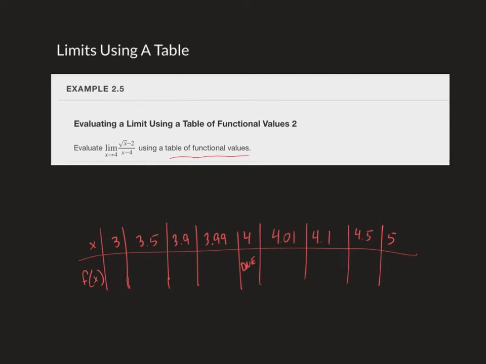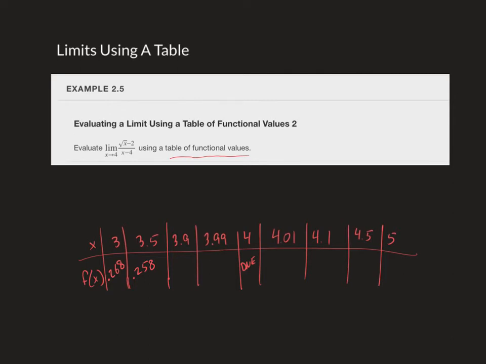First one up, when I plug in 3, I'm doing this in my calculator. I'm being super careful with all of my parentheses, but I get 0.2679 in my calculator, so I'm going to round it to 0.268. All right, next up, when I evaluate 3.5 in my function, I got 0.258, and it's a 3 after the 8, so it naturally rounds down.